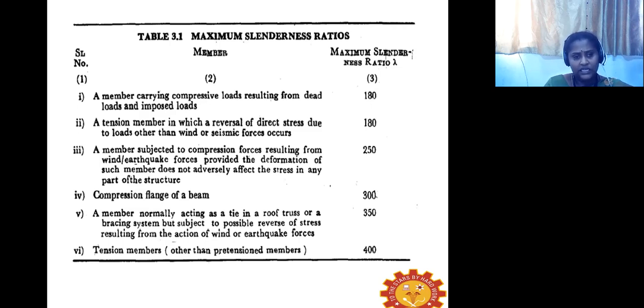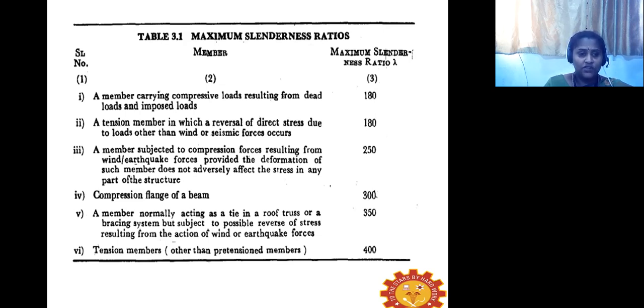From a definition point of view, we are simply stating length, but actually it is effective length to the least lateral dimension. If it is a rectangular column, you have to take the lesser dimension, the least dimension. That is why the definition clearly states length to the least lateral dimension. That is what we call slenderness ratio.